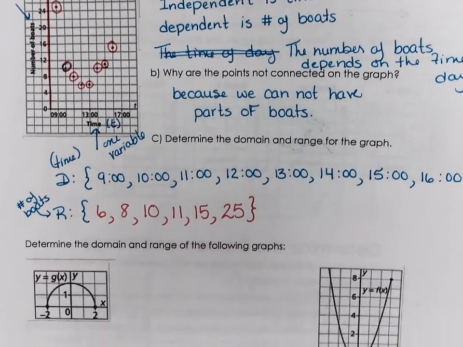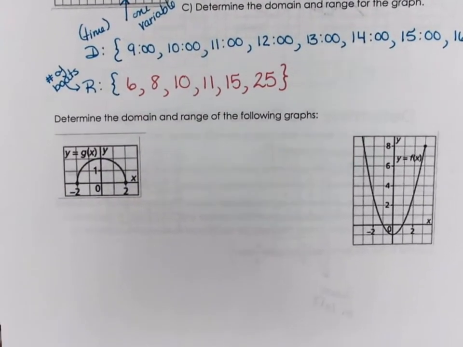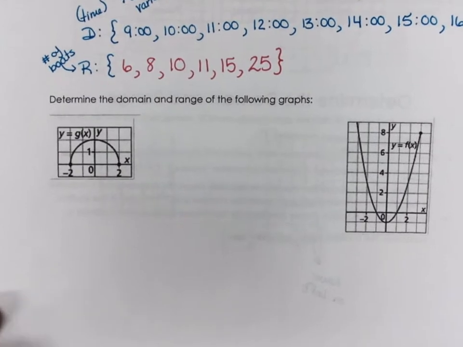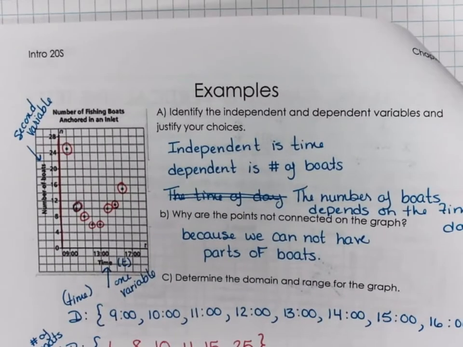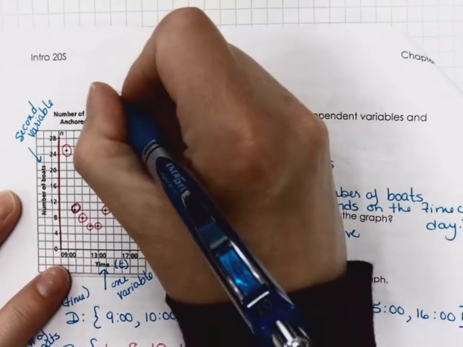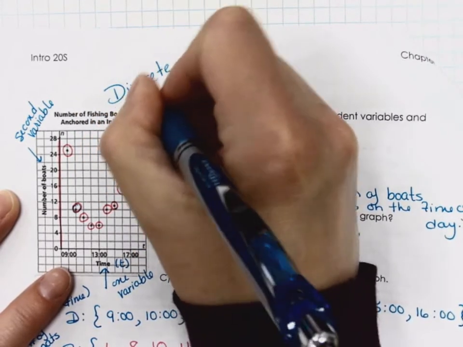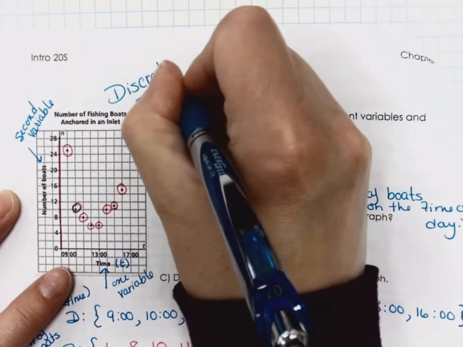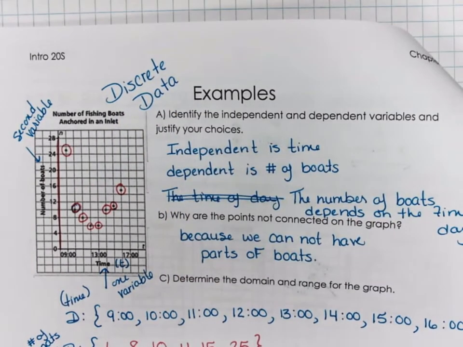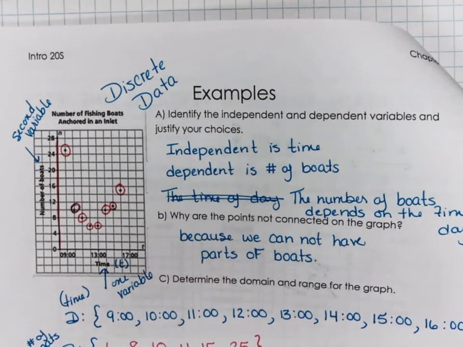Okay, now we're gonna get continuous. So you guys all know that this is discrete data. Let's just write that up at the top. And we know it's discrete data because the points are not connected.